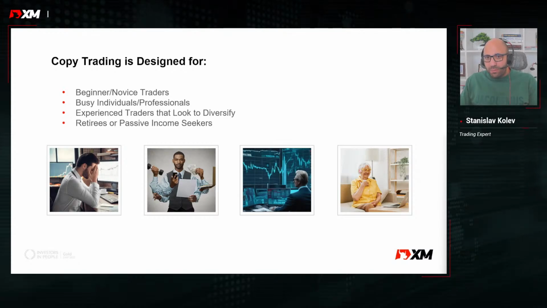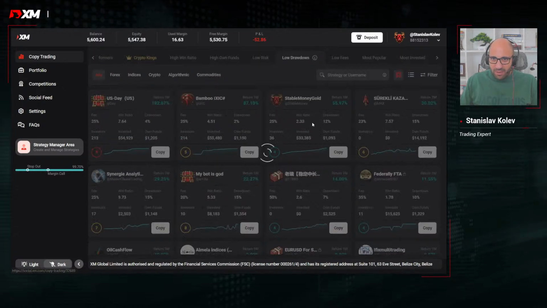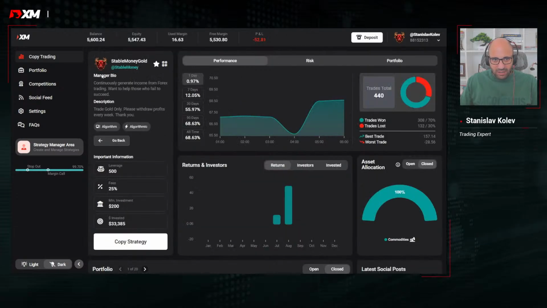We're not going to be so impressed by the growth, but rather we don't want our money to be in a drawdown. I think we opened already this stable money gold. Please withdraw. Yeah, we got the same person.